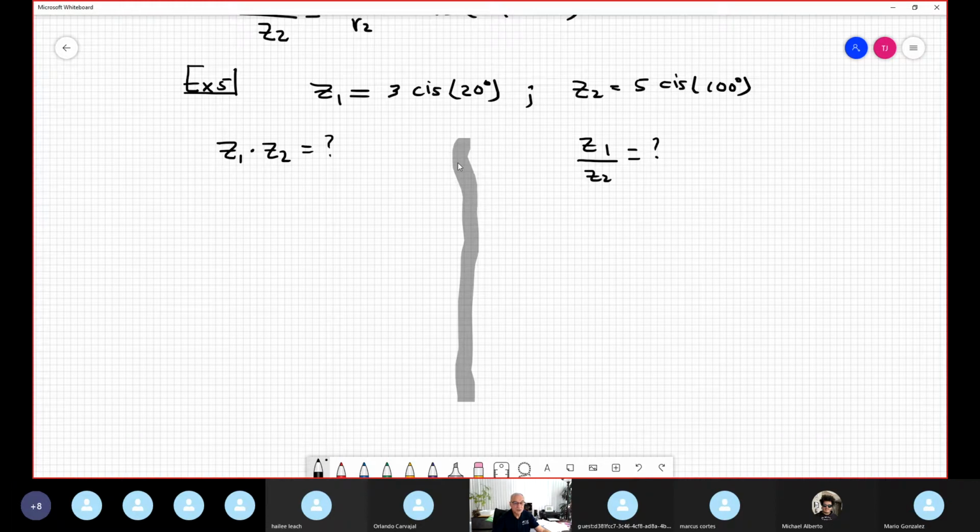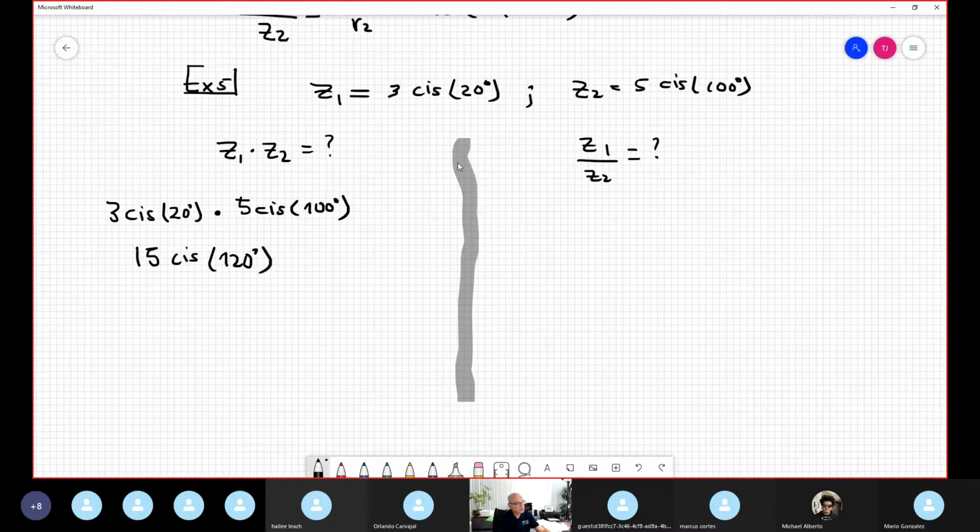Who is C1? Well, C1 is 3 (cosine plus I sine) 20, multiplication, 5 (cosine plus I sine) 100. The formula says you multiply the R, 3 times 5, 15, cosine plus I sine, and you add the angles, 120.